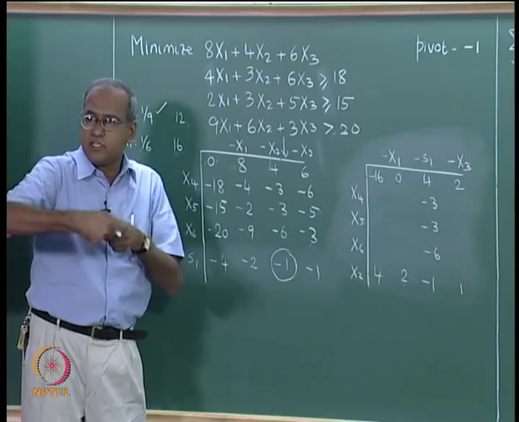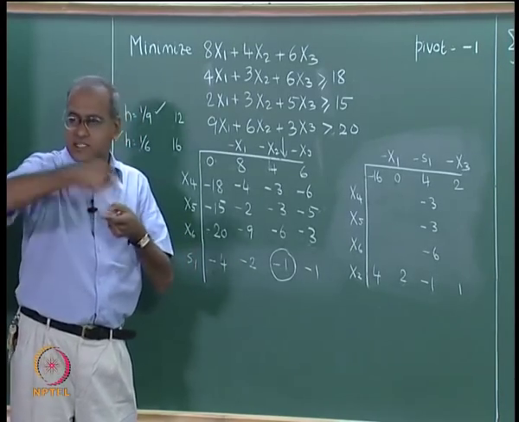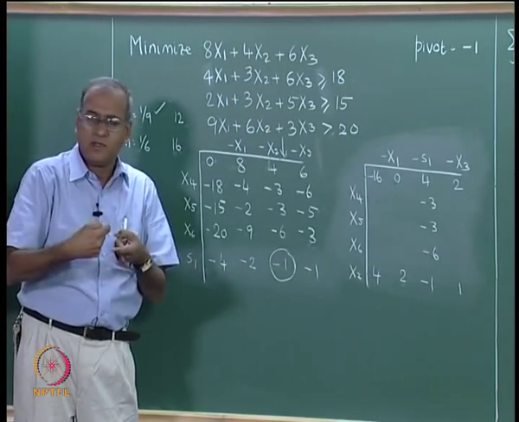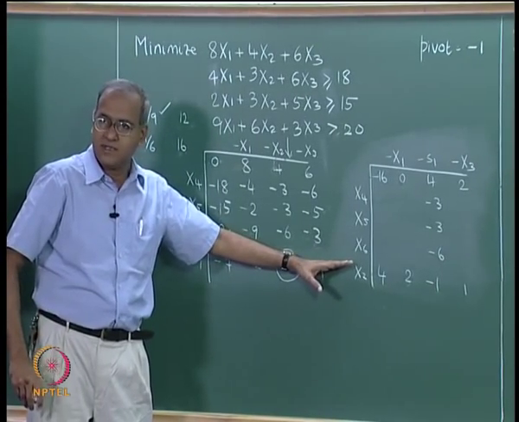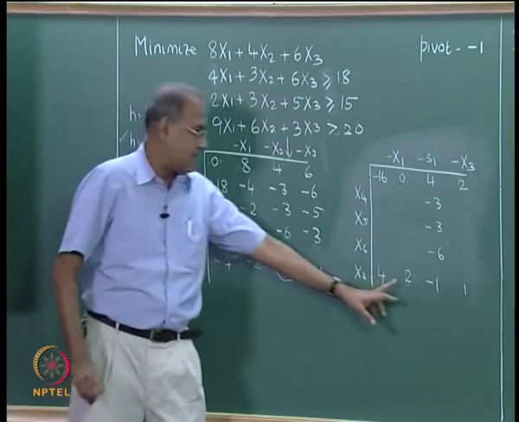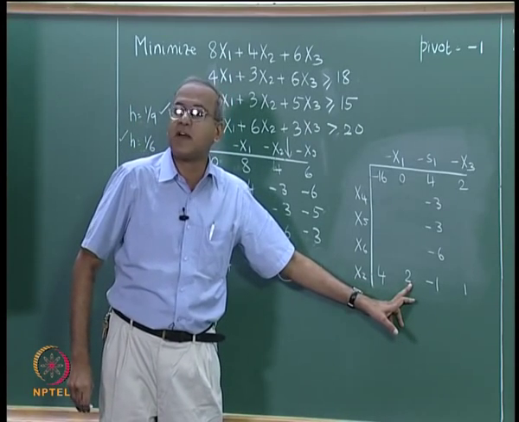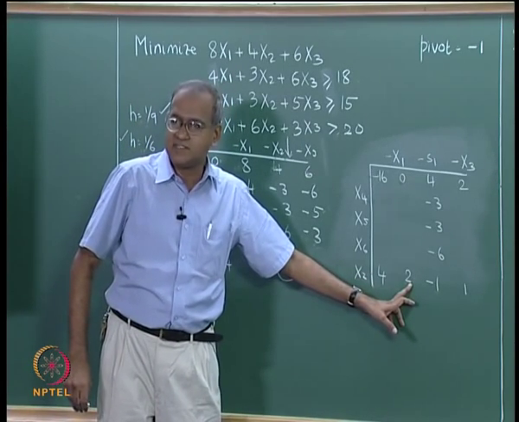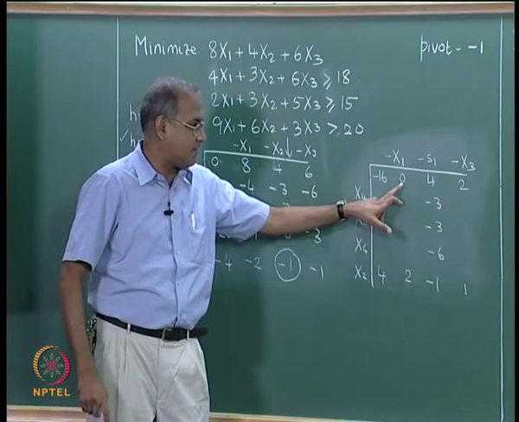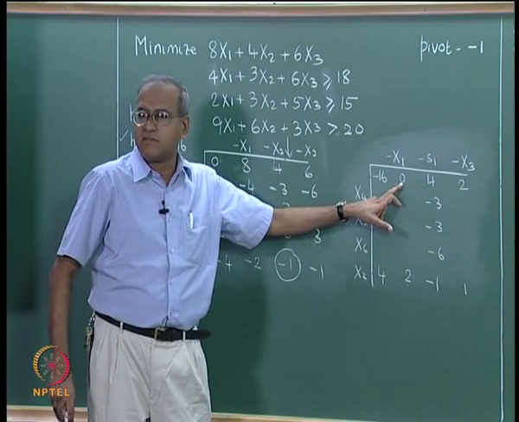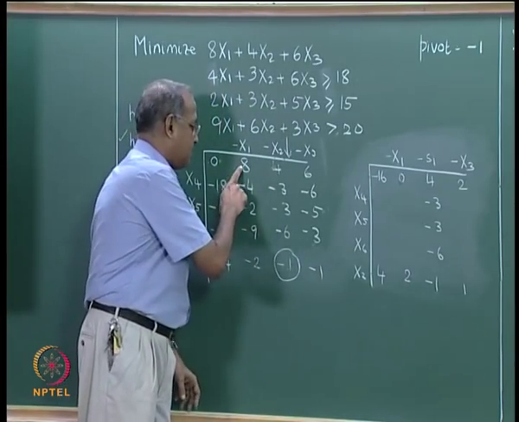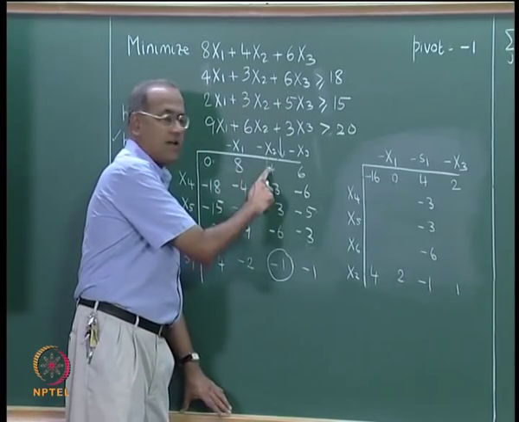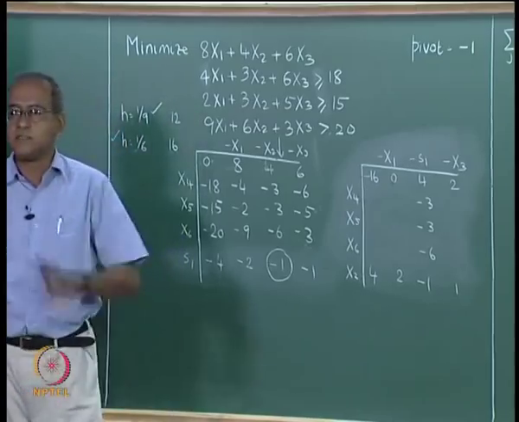So, we have to ensure that the h that we use should give us a maximum value of 2, such that the resultant number that we get here is non-negative, and that number is the fraction or the lower integer value of this and this, which is 2.